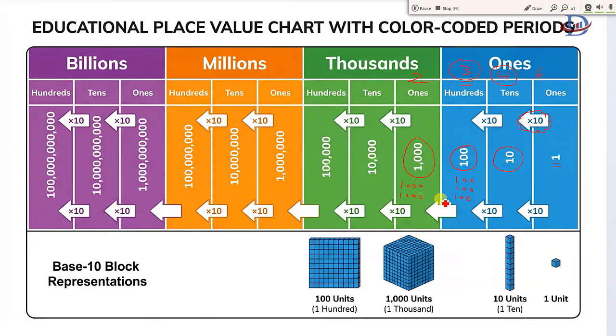To get the value of the digits here, maybe I have 2,346, the value of this 2 means I take 2 times 1,000, which equals 2,000. Are we moving together? Just pay attention.